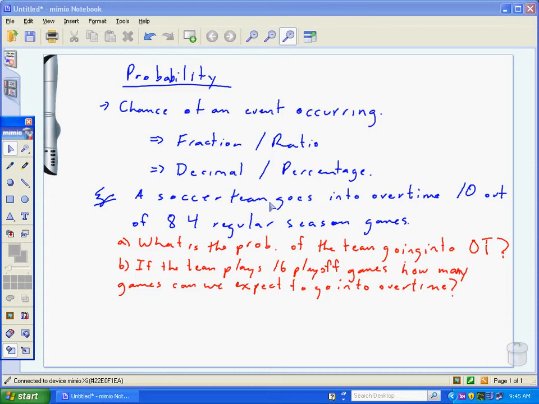So how many games out of the playoffs, if they only play 16 games, how many might go into overtime?